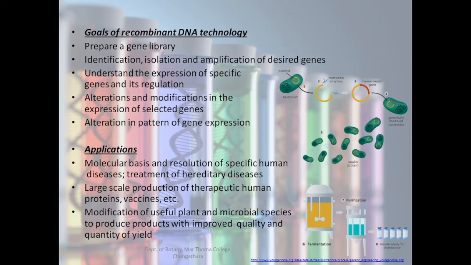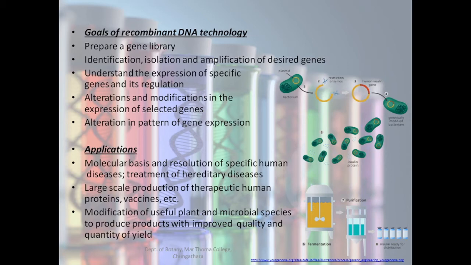The different goals of recombinant DNA technology are of various aspects, like preparing a gene library. So we have a collection of genes from which we can receive various desired genes for further research and uses.